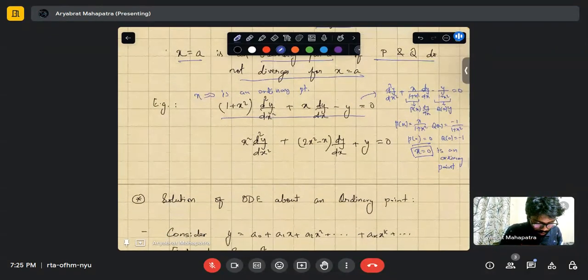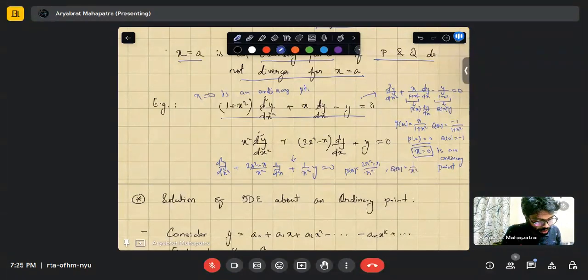And here you will see that when you rewrite this differential equation, you will get d squared y by dx squared plus (2x squared minus x) by x squared dy by dx plus 1 by x squared y equals to 0. Here p of x is (2x squared minus x) by x squared, and q of x is 1 by x squared.